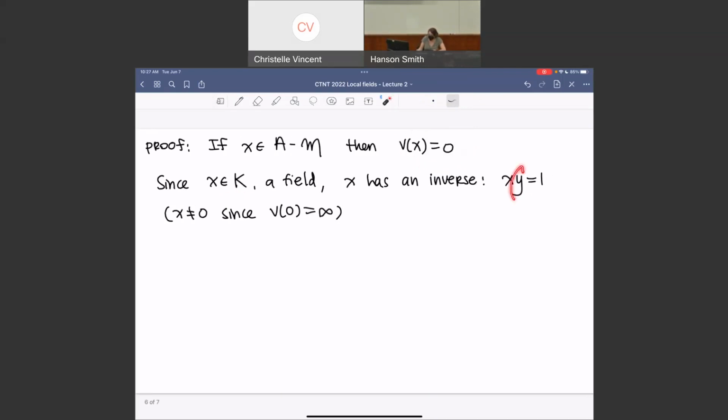But the question is, can I make sure that y is actually in A so that x is invertible in A?